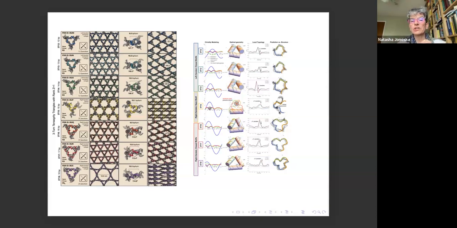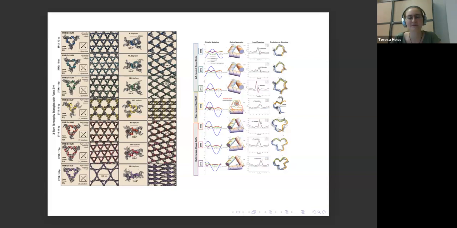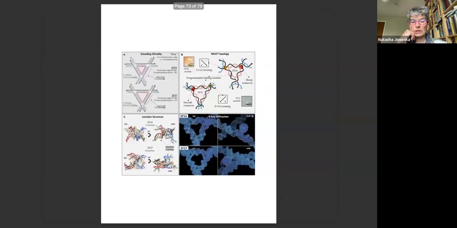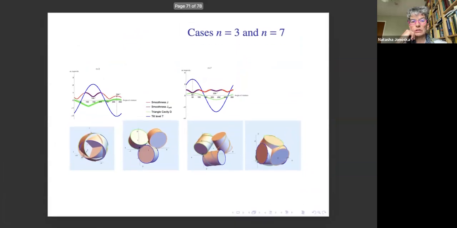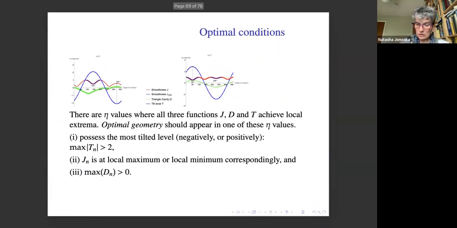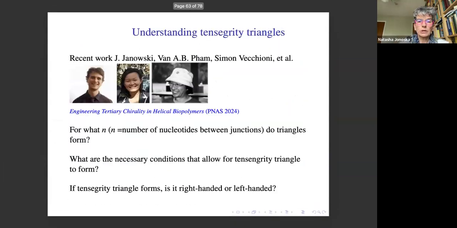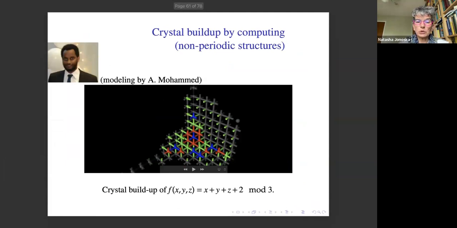This is very difficult to do experimentally in general, to design a crystal with different units. But I would like to point out that the idea here was actually to do a computation and the design of an aperiodic crystal.